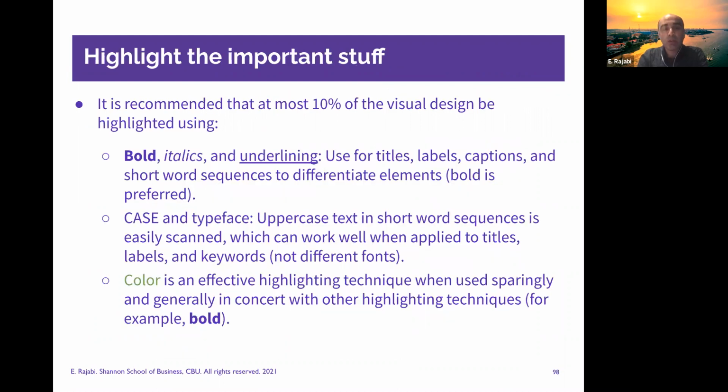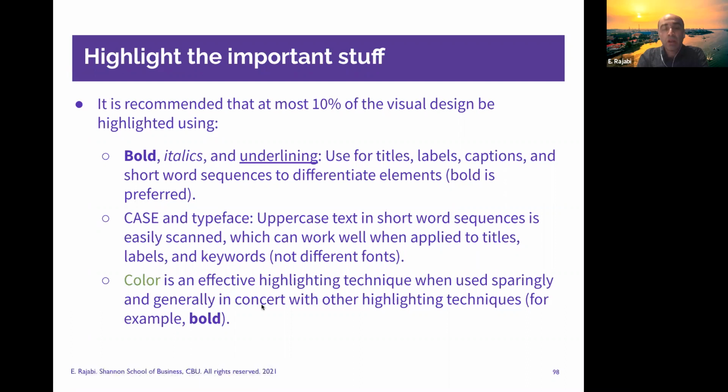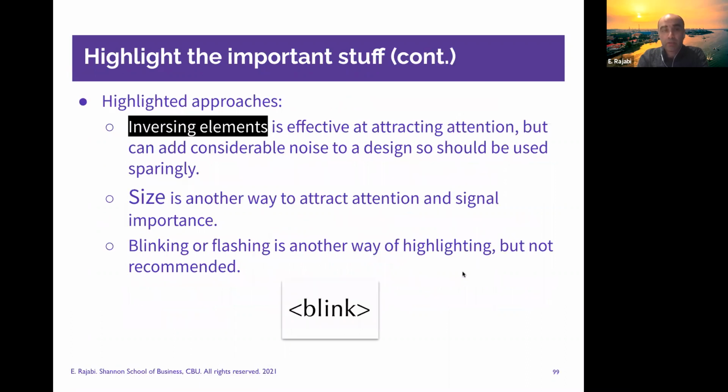It's recommended that at most 10% of your visual design be highlighted using bold, italics for titles and labels, case and typeface in short word sequences, and color. These are effective highlighting techniques when used sparingly and in relation to other techniques.